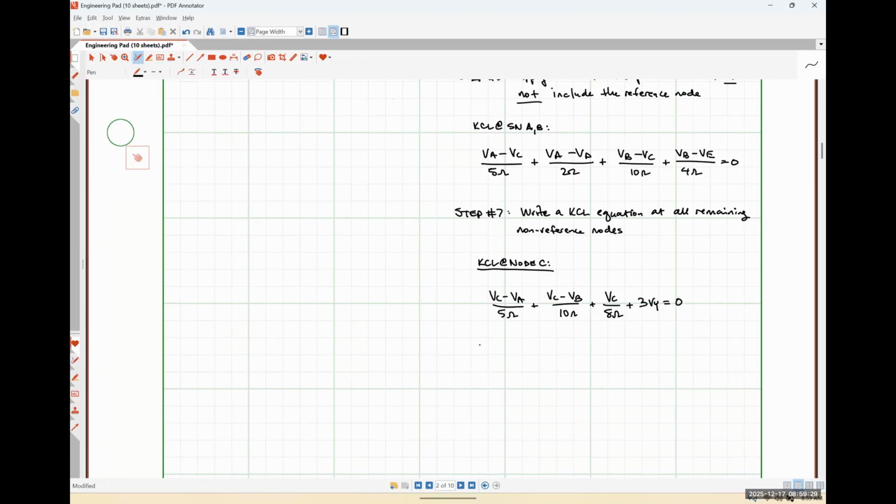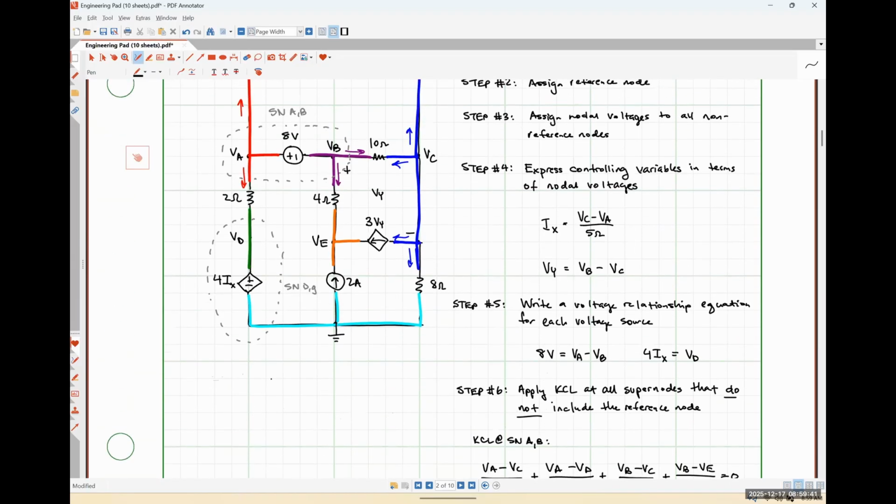Now we'll do KCL at node E. So that's going to be this current, and this current added together. So somebody start me off with this one as well, please.